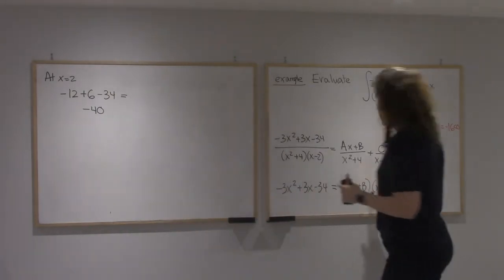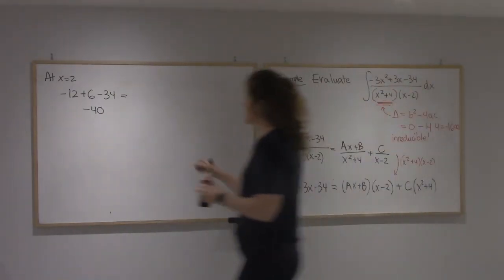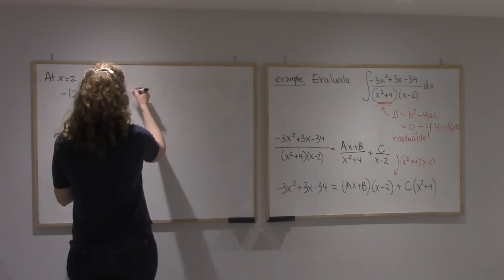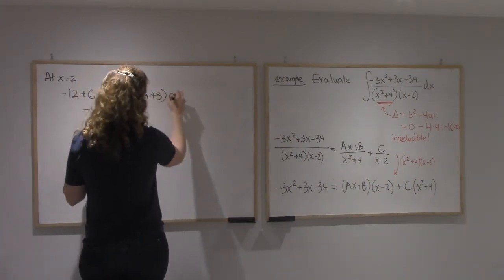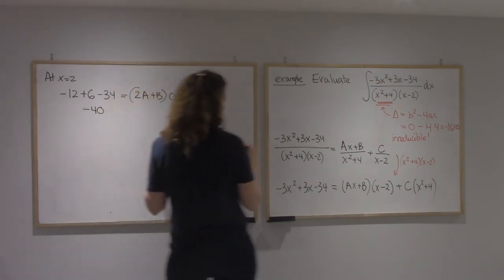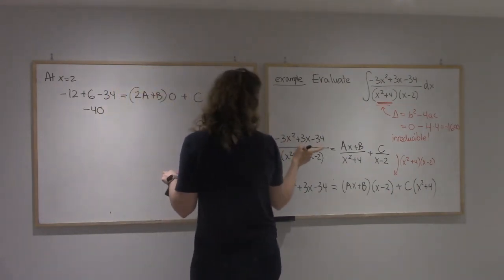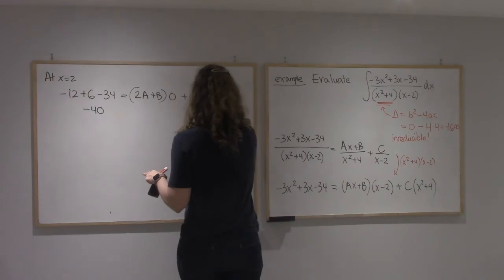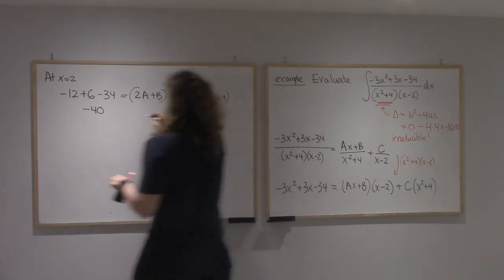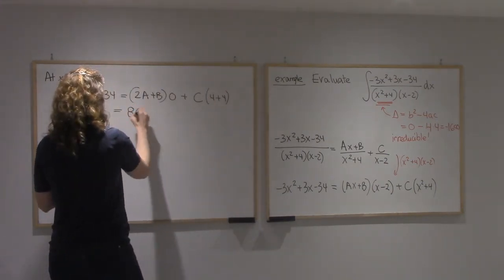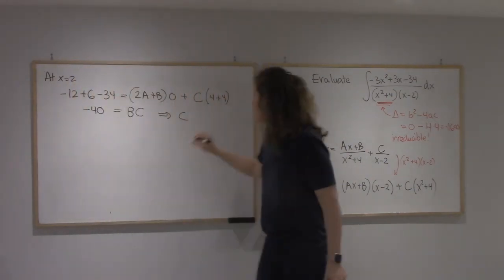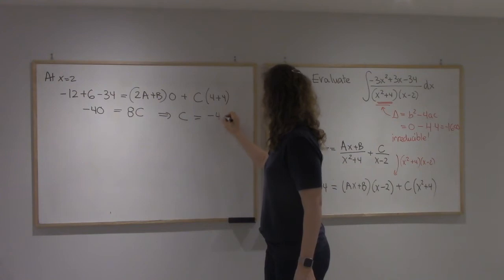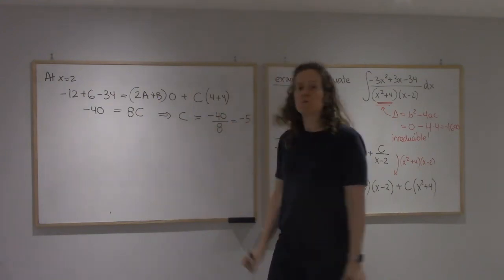This whole thing will disappear, so I'll get 0 times 2a plus b, and I get c times 8. And so that means c is minus 40 divided by 8, which is minus 5.